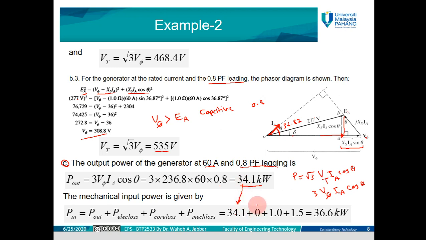Then the I squared R losses are already ignored. He said equal to 0, so it's ignored, so 0. Then we have the core loss and the mechanical loss. The total will be 36.6 kilowatt. Okay, so this will be the P in and this will be the P out. In order to find the efficiency, we need to divide P out over P in, so you will get the efficiency of the generator.